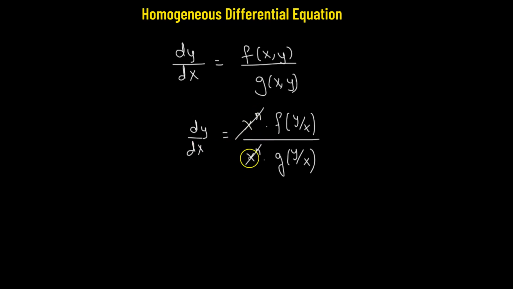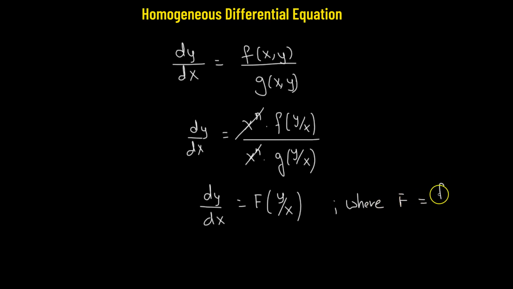So the common terms get cancelled out and we have a function f of y over x and a function g of y over x. So let's represent f over g as F of y over x. So this is dy over dx equals F of y over x.